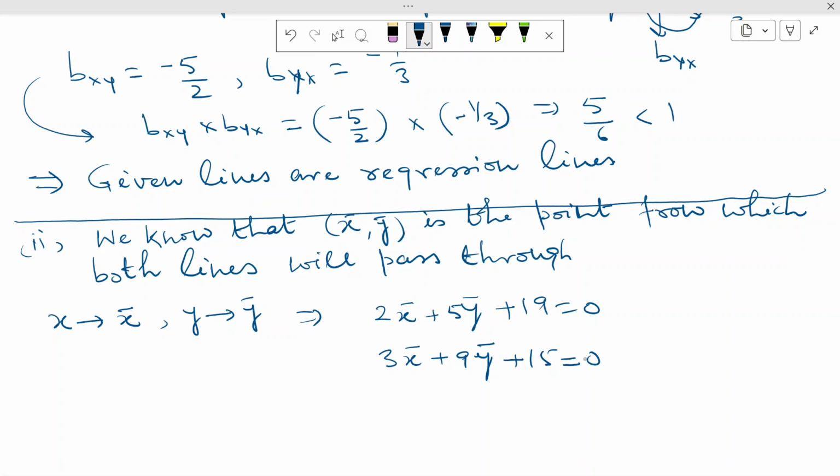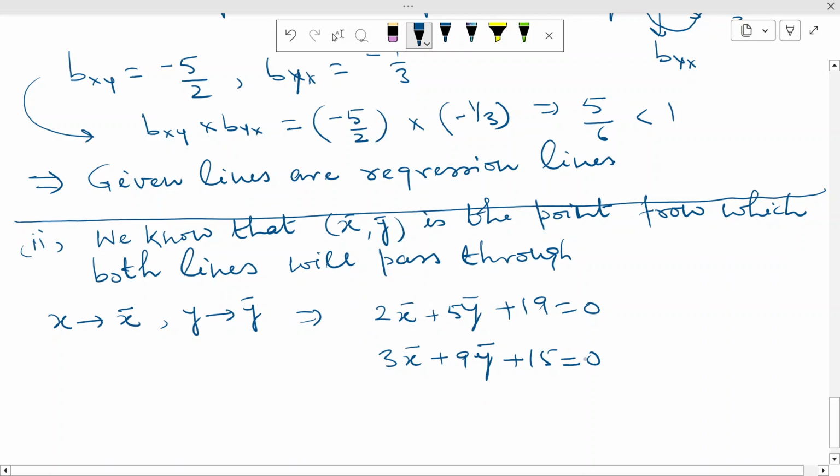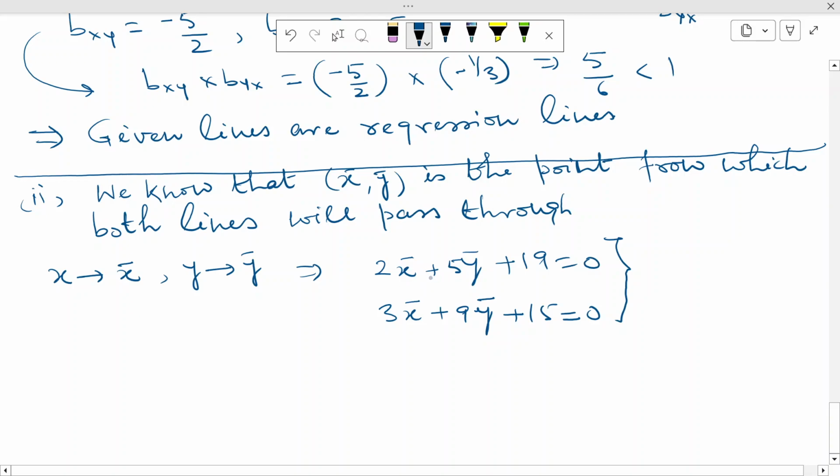So this is the situation where we are having two linear equations involving two unknowns. So we can solve these equations and we will get the values. We use the simple method here.